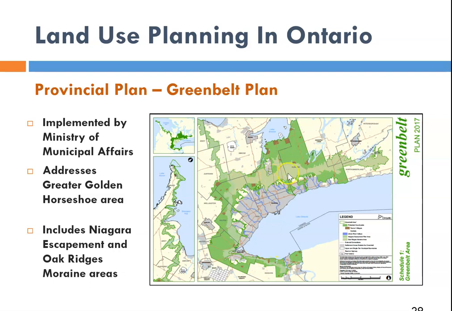And then the Oak Ridges Moraine is this more army green color that runs across the central part of Ontario. These are rapidly growing areas in terms of population growth. Both are part of the greater Golden Horseshoe area.